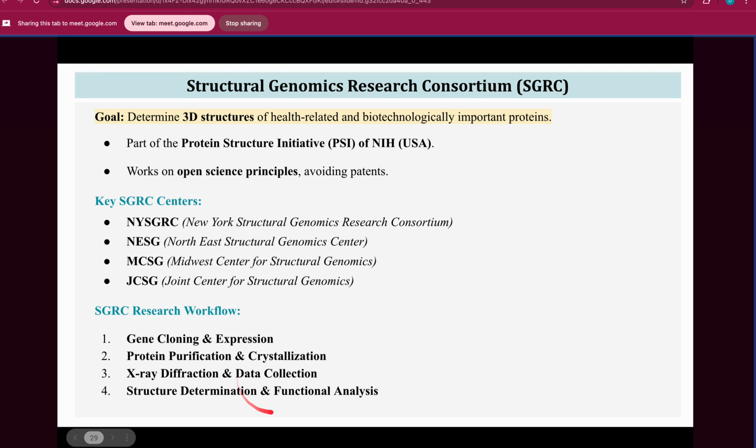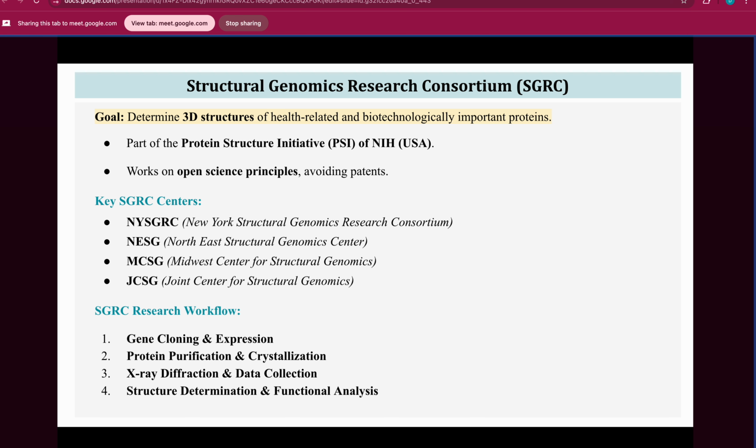After all these steps are performed, the data obtained is uploaded on publicly available databases so that everybody can access it, because they are focusing on health-related proteins. If we properly understand their function and structure, then only will we be able to design drugs against them and understand how we can cure that particular disease.